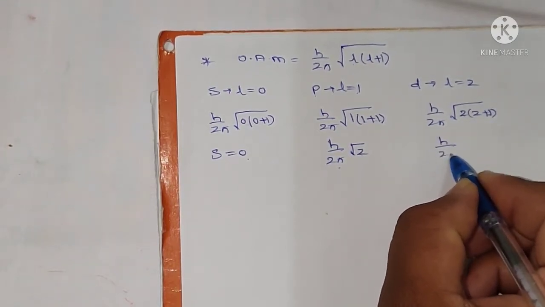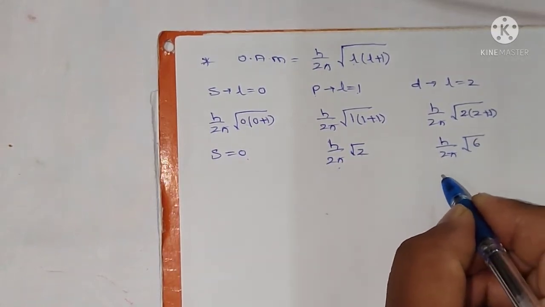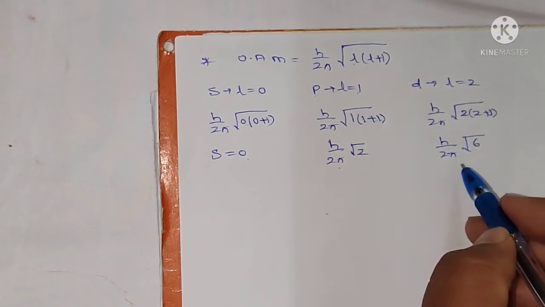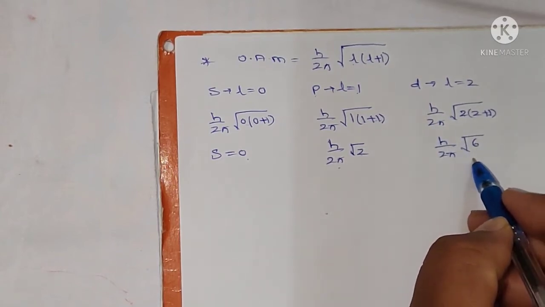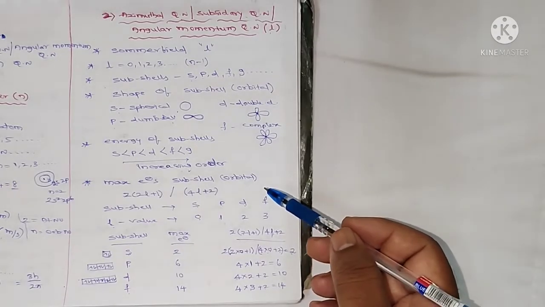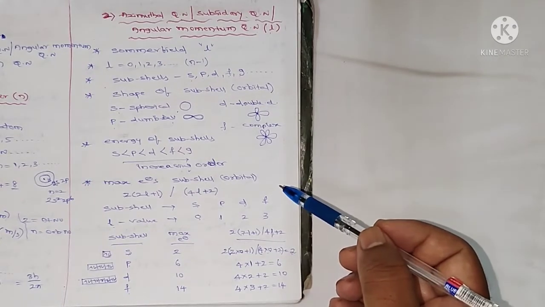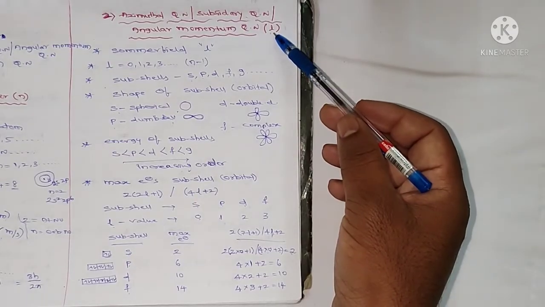So h by 2 pi into under root of 6. So the d orbital angular momentum is h by 2 pi into under root of 6. So this is about azimuthal quantum number or subsidiary quantum number or angular momentum quantum number. It is represented by small l.